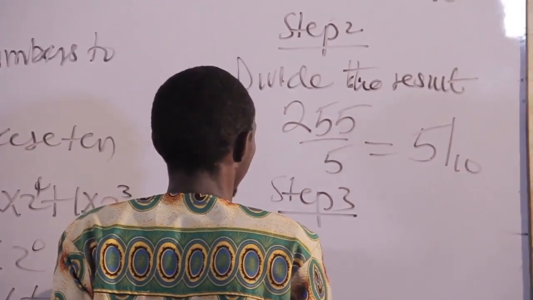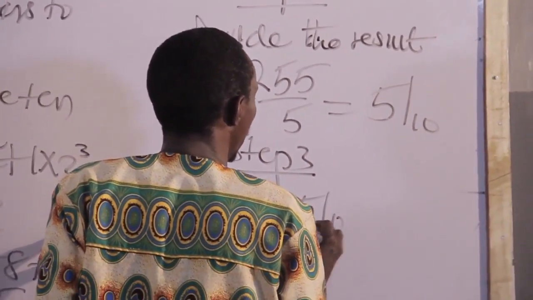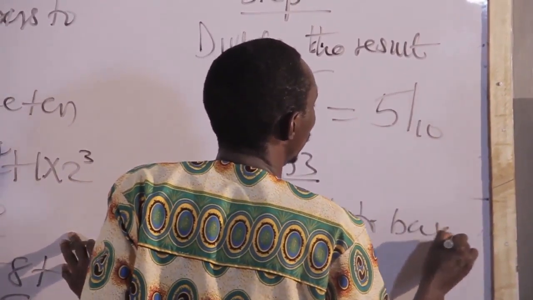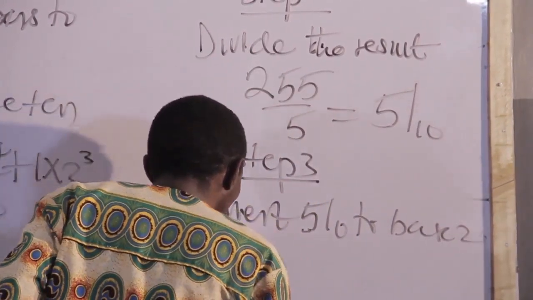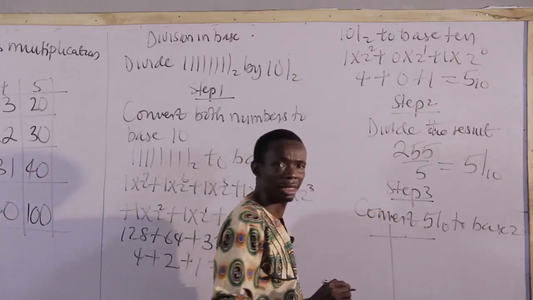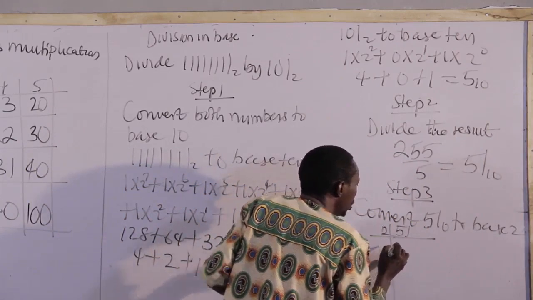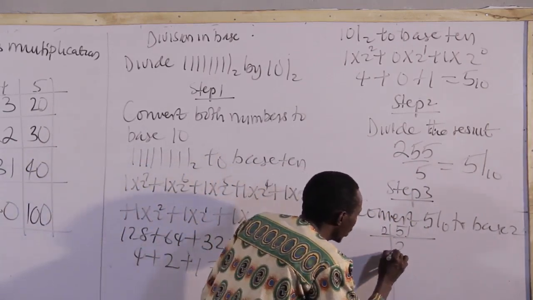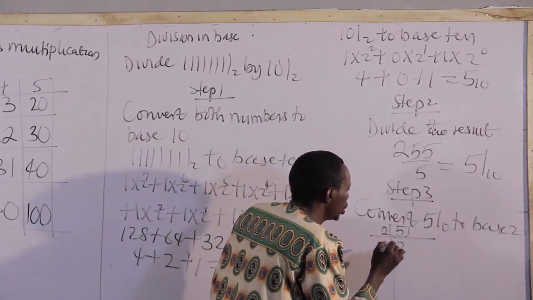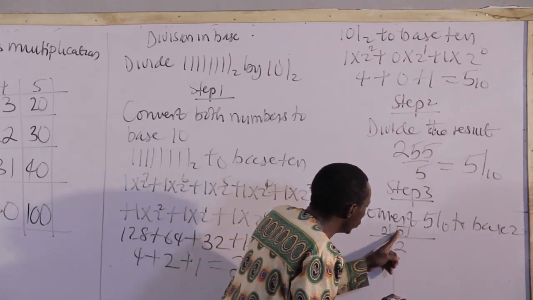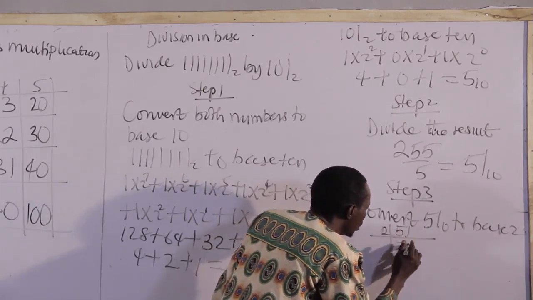I will convert 51 base 10 to base 2. When you are converting from base 10 to another base, like I told you initially, you do division and write the remainder. 51 divided by 2. 2 in 5, 2. Remainder 1. 2 in 11, 5.